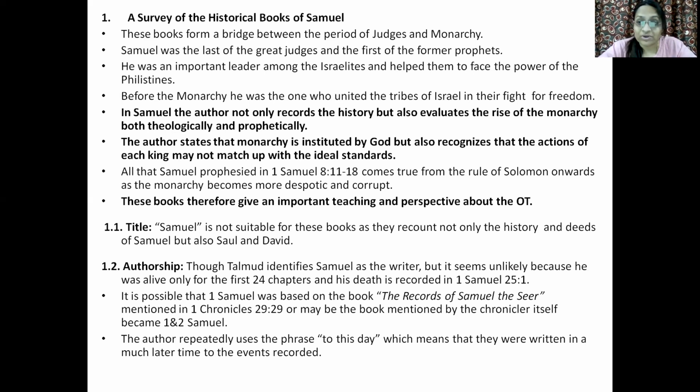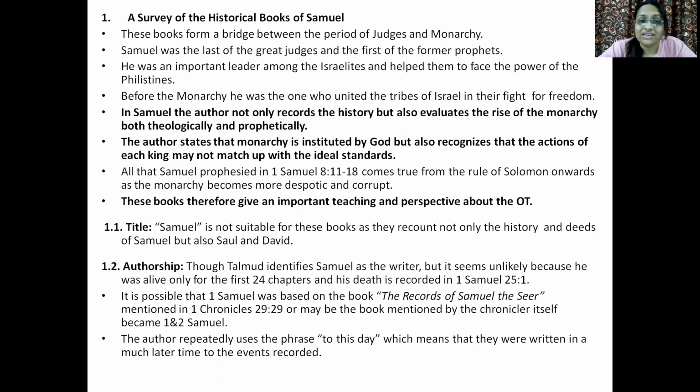He was a very important leader for the Israelites because he led them for many years to face the Philistines powerfully. He also installed and anointed the first kings in the Israelite community.